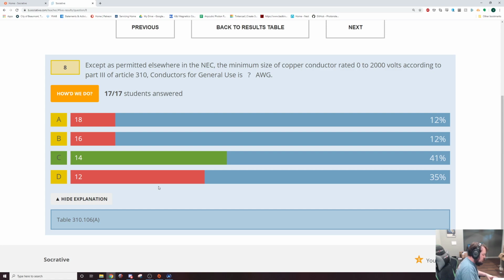Oh, 310.106 is not tables. It is just conductors. Minimum size of conductors is there. And then conductor materials. And 310.106c covers stranded conductors and what sizes need to be stranded. So 310.106 is where all of your conductor requirements are going to be.